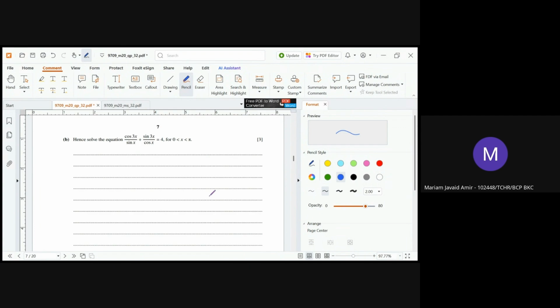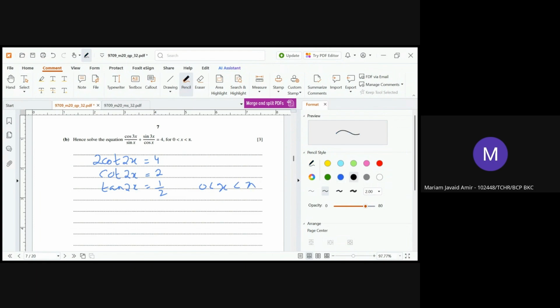Hence solve this equation. So we rewrite the left hand side as 2 cot 2x equals 4, which gives us cot 2x equals 2, which gives us tan 2x equals 1 over 2, because cot is the reciprocal of the tan function. Now the domain is from 0 to pi.